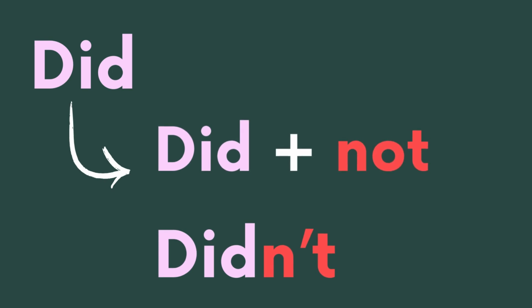We use did in the past simple negative in front of the verb. We add not to the end of did to make it negative. So we say did not. We can also shorten this to didn't.